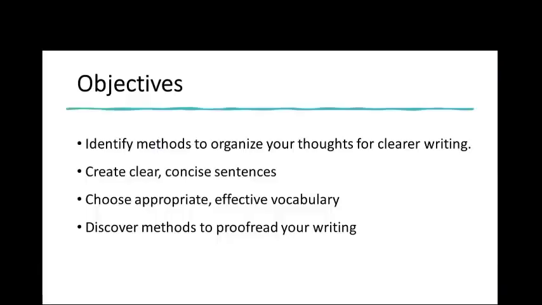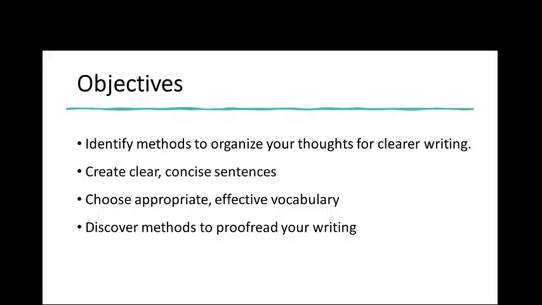Now, all the writing we do, from emails to formal reports, even academic writing and personal writing, will benefit from clear and concise writing. And today we'll be exploring ways to help make your writing easier to read and understand. And these are things that you can start using right away. First, we'll start by talking about good organization.